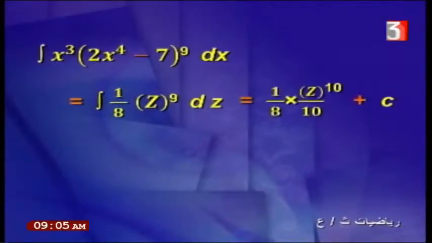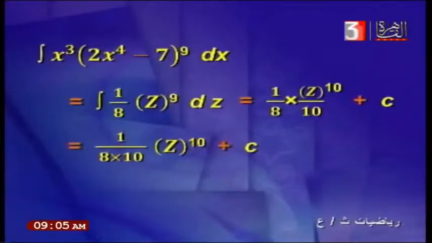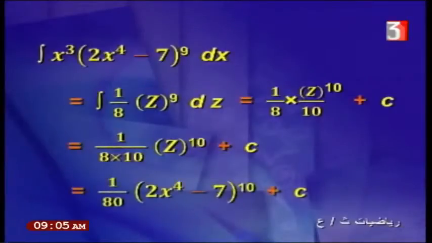The function now in terms of z, integration 1 over 8 z power 9 dz equals 1 over 8 times z power 9 plus 1, which is z power 10 over the new power 10, plus the constant c. Then the integration equals 1 over 8 times 10 z power 10 plus c, equals 1 over 80.